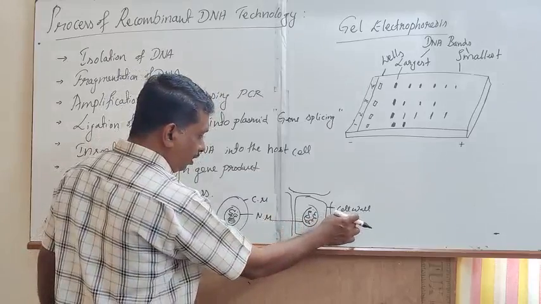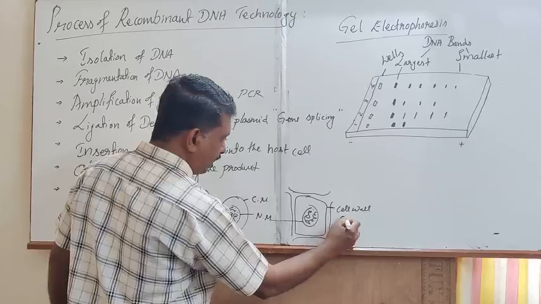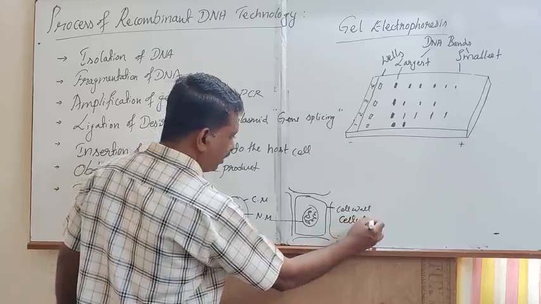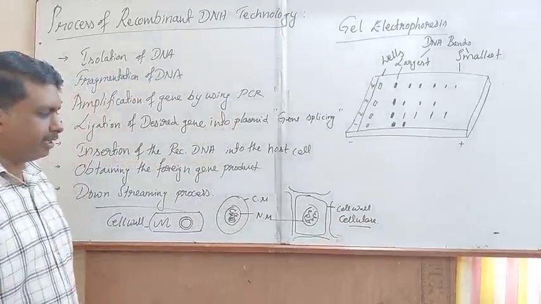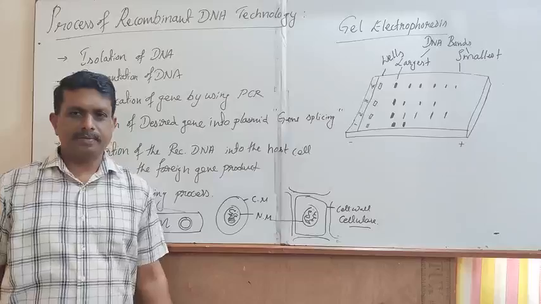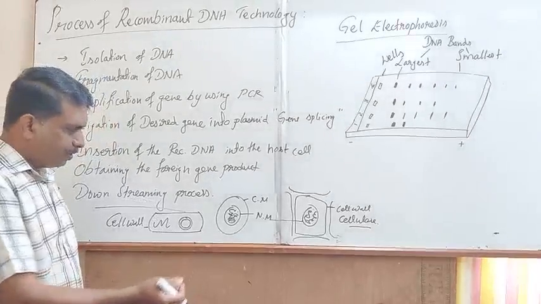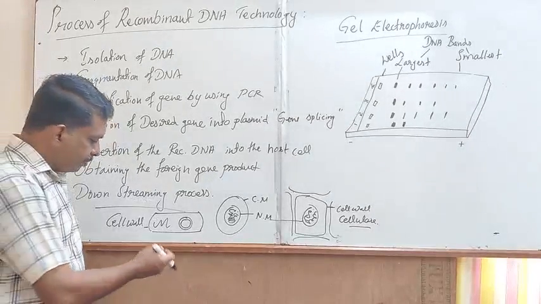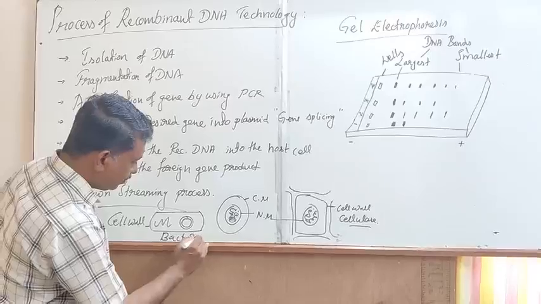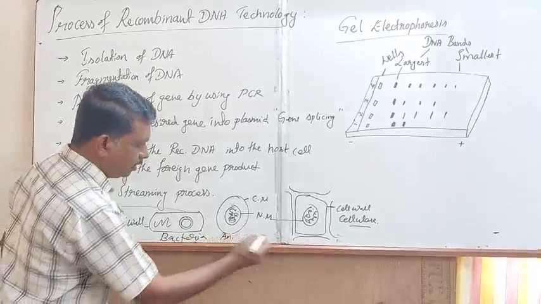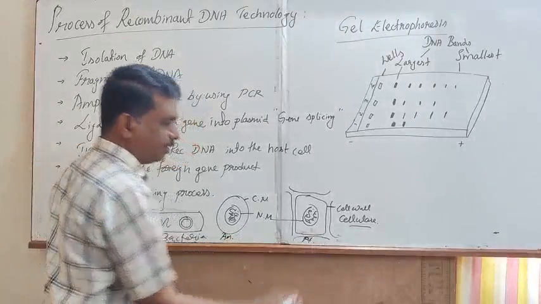The cell wall is characterized by the presence of a chief cementing component called cellulose. This is with reference to the structure of bacteria, animal cell and plant cell.